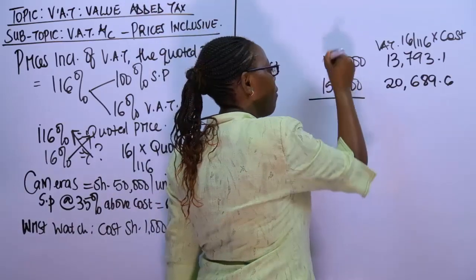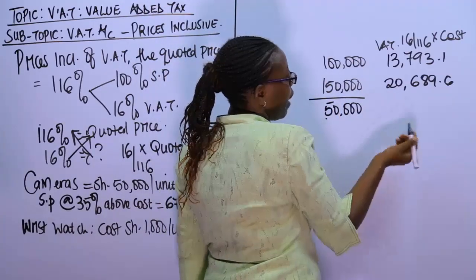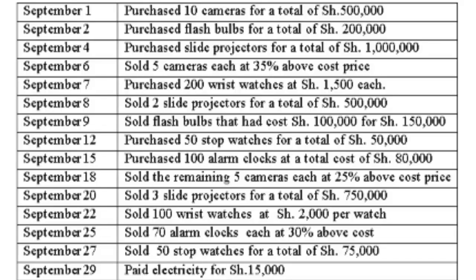So the value that they have added is 50,000. This value added is what we are going to tax. So we are taxing 50,000, inclusive, so 50,000 times 16 over 116, which is 6,896.5.